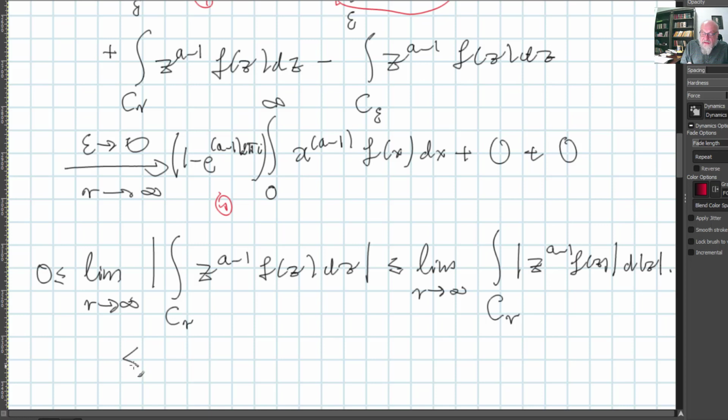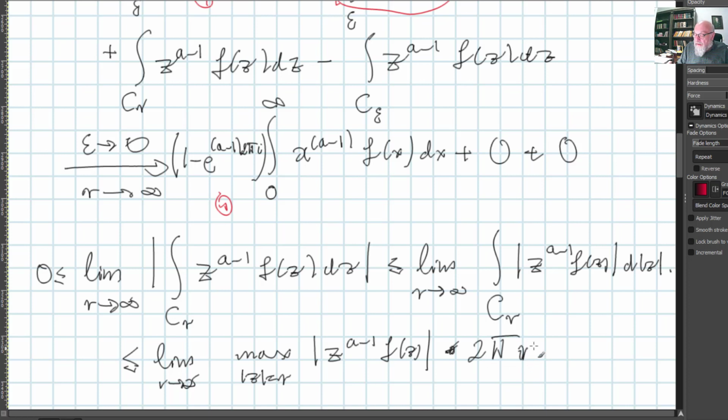So now that one I can call it again limit as r goes to infinity. Replace that one by maximum, so this will be maximum for z equal to r of the value, and that one is equal to z a minus 1 f of z. Very good. But here I have also times the length of this integral, which is 2 pi r.